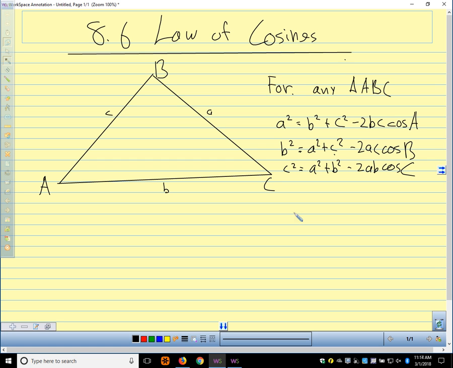Here we have c squared, and these are all a's and b's. So the side and the angle are on opposite sides, and whatever's here is different from what's there. And I think what I'll do for the test is I'll probably just write one of these up on the board, like that first one, just so we remember what it is.